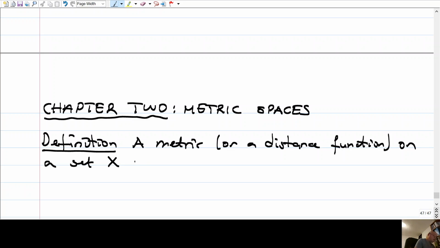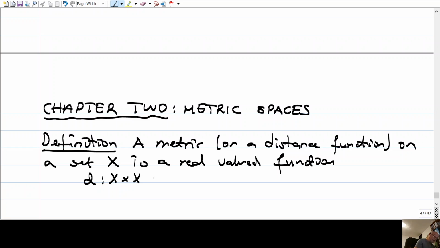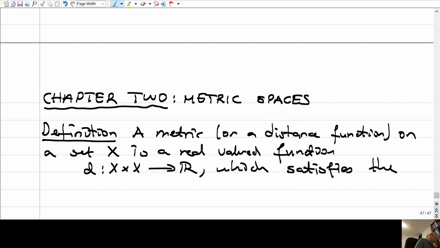X. It is a real valued function d from X cross X into R, which satisfies the following properties.